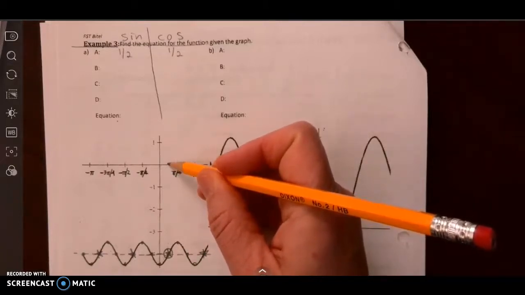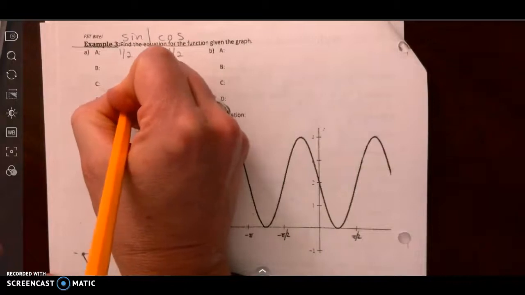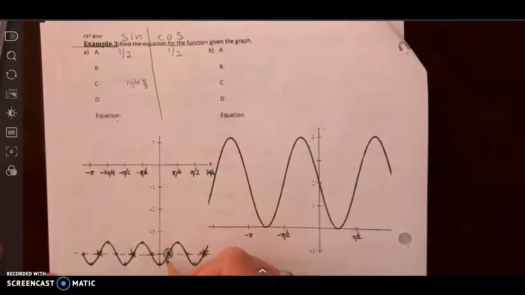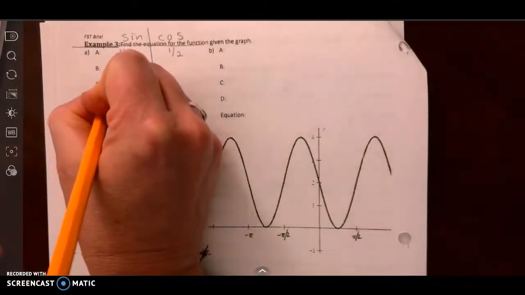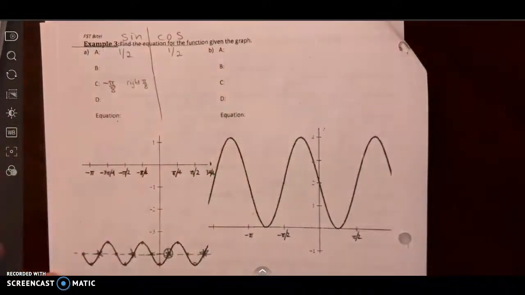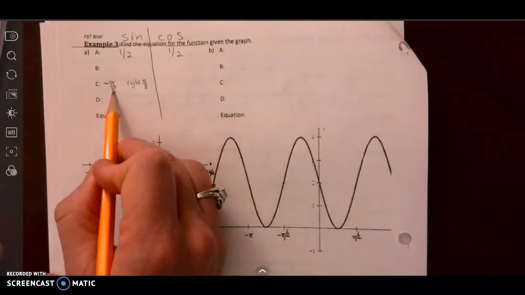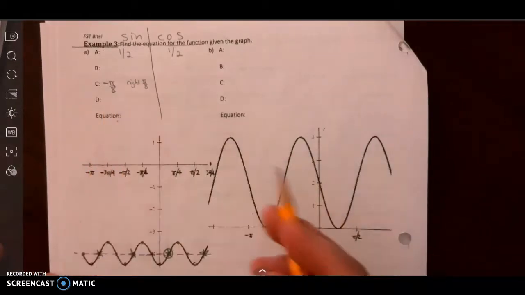So half of pi/4 would be pi/8. So it's moved to the right. Pi/8 is how it's moved, which means my C value is going to be negative pi/8. So I want to make sure that whatever the phase shift is, my C value is the opposite of that.